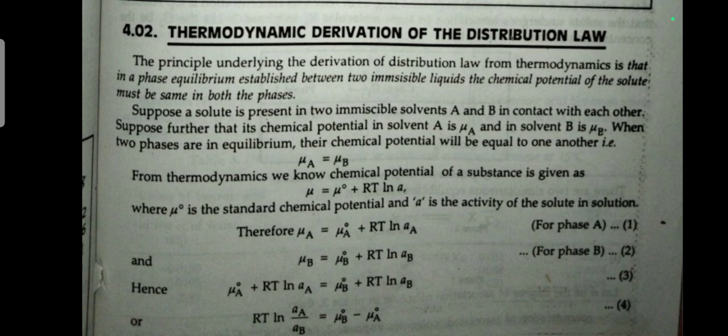From thermodynamics, we know the chemical potential of a substance is given as μ = μ° + RT ln a, where μ° is the standard chemical potential and a is the activity of the solute in solution.